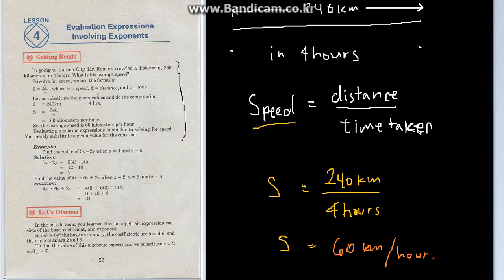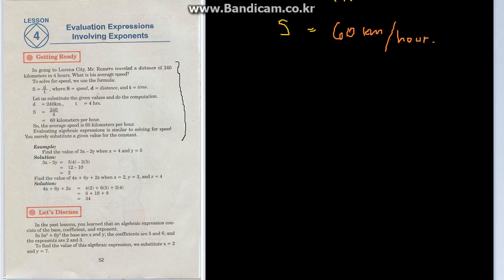Okay, so evaluating these algebraic expressions is very similar to solving for speed, right? So you just need to substitute a given value for the variable. And in the previous lesson we have basically done these kinds of things, right?